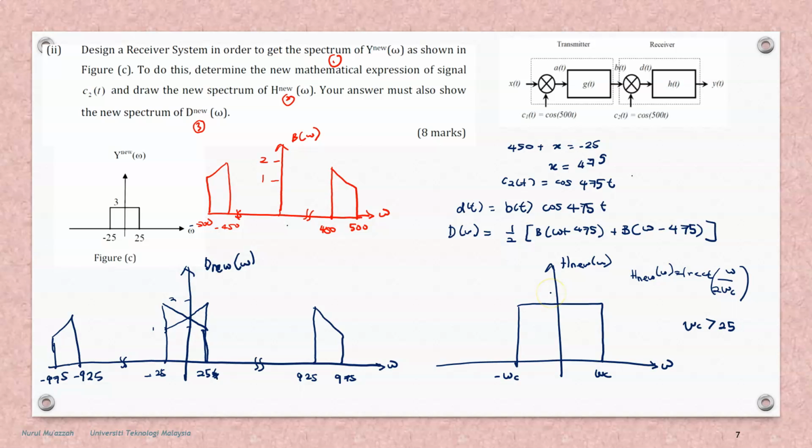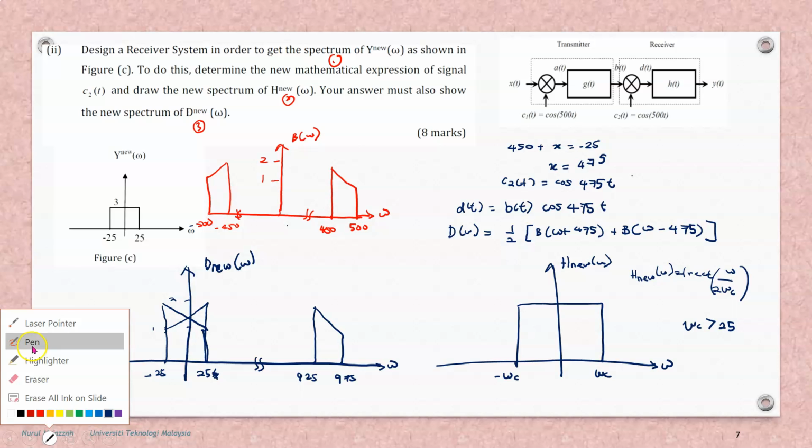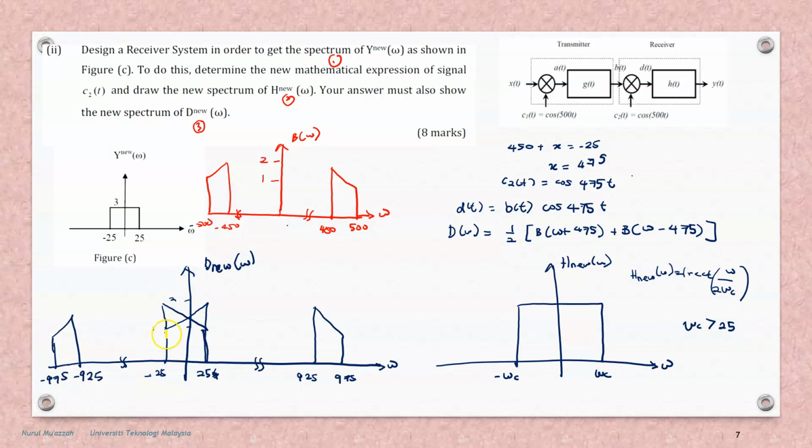So what about the amplitude? Because here it is 3, and here is actually the addition of two signals. So if we consider the amplitude of these two signals, let me highlight this signal. Let's say you want to add this part.